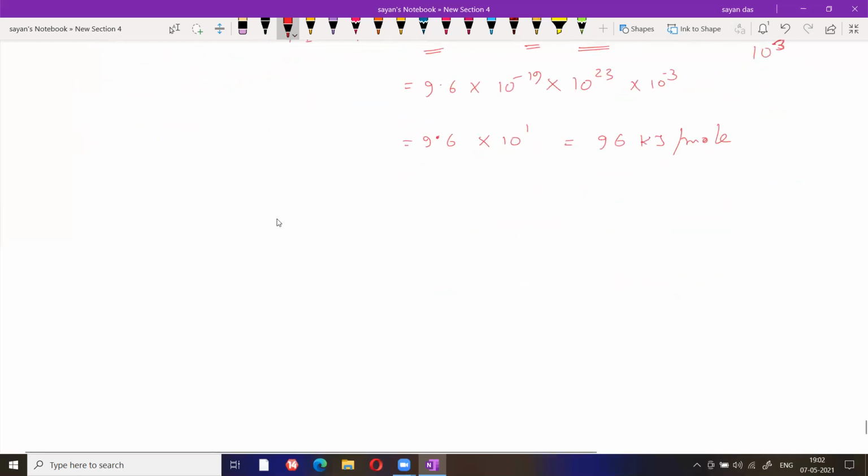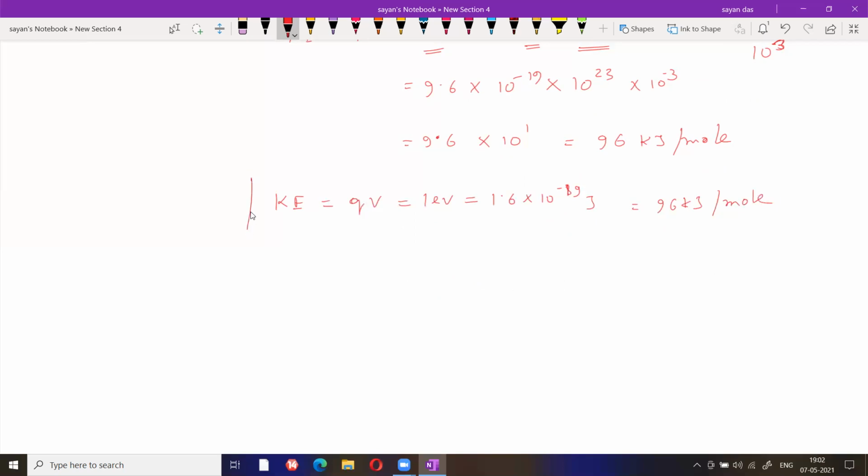Okay. So you have to remember that kinetic energy, which can be represented as Q into V, is nothing but 1 electron volt. And what is the value of 1 electron volt? 1.6 into 10 to the power minus 19 joule, or 96 kilojoule per mole.